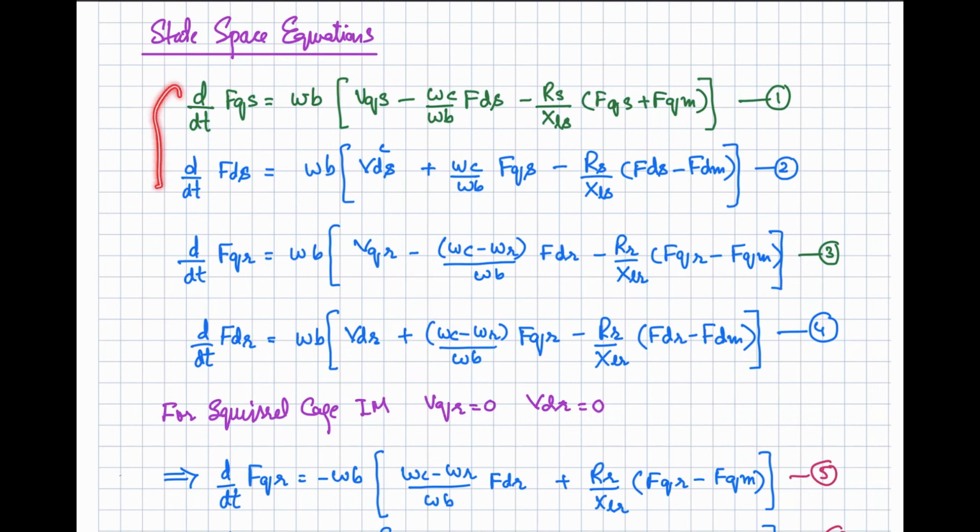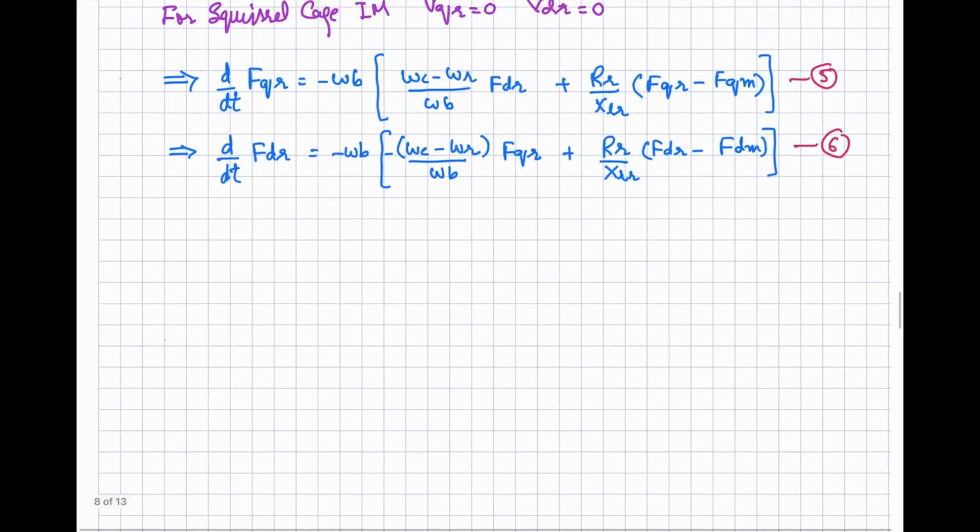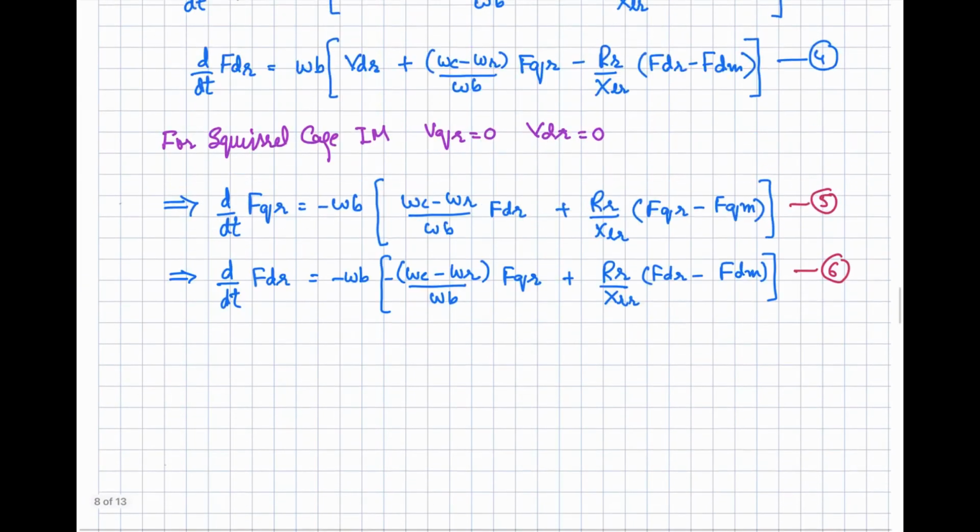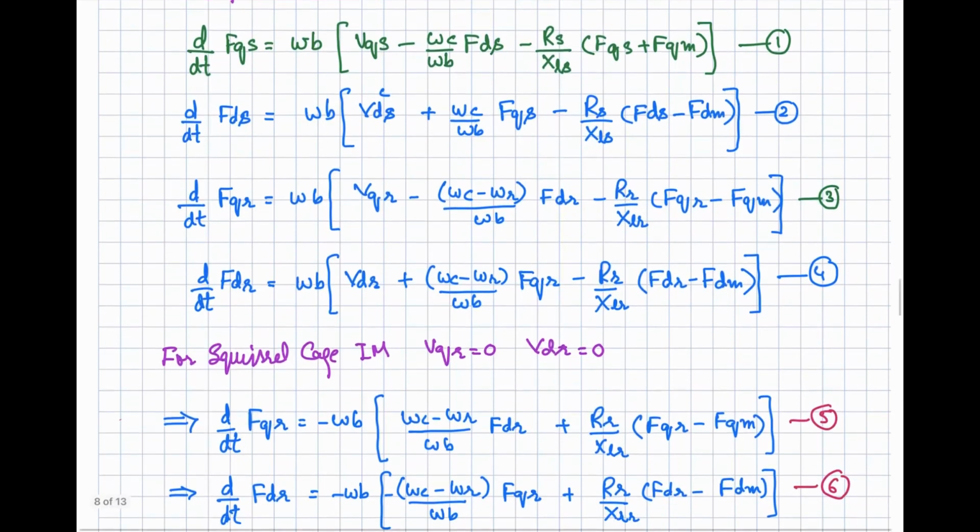So from these four equations, you can get the model for the wound rotor type machine or for the squirrel cage machine. So for the squirrel cage machine, this part will be 0. So considering it 0, these two equations, the rotor side equations, will be updated and will be written like this. So this equation, this equation, this and this, these four equations are defining the state space equations for the squirrel cage induction motor.